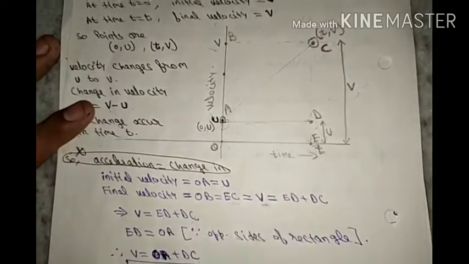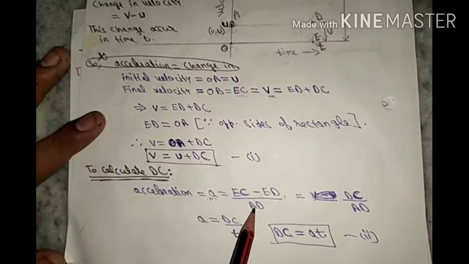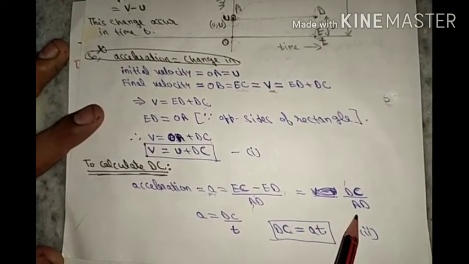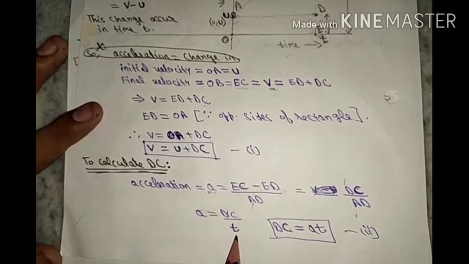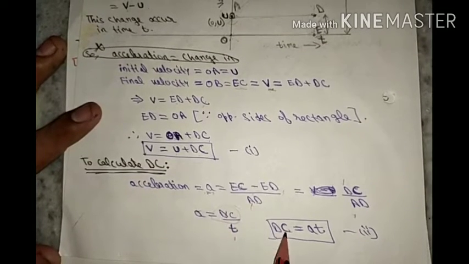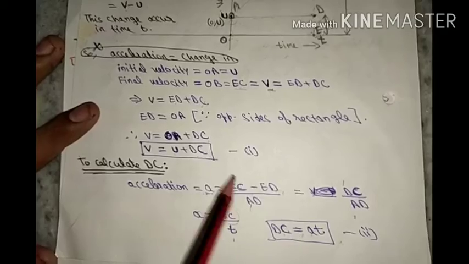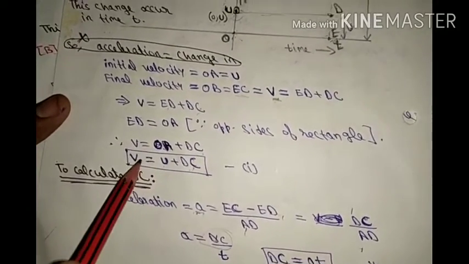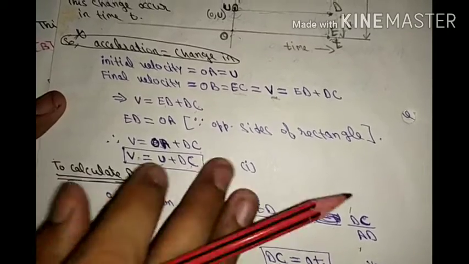EC minus ED becomes DC, so acceleration becomes DC upon t. So we got the value of DC, that is a into t, and we can substitute this value in the first equation. So it becomes v is equal to u plus at, and that is our required equation.